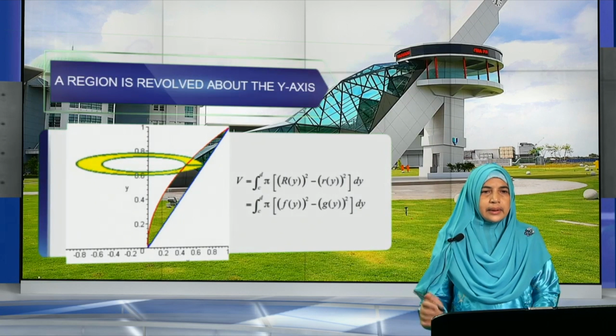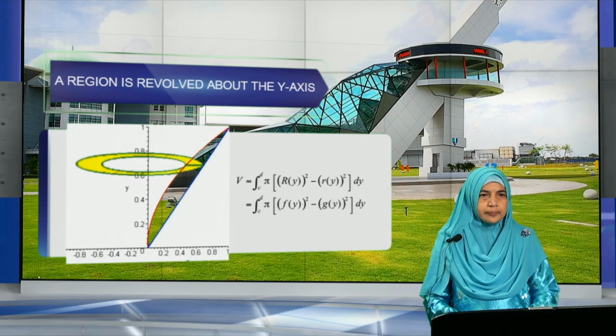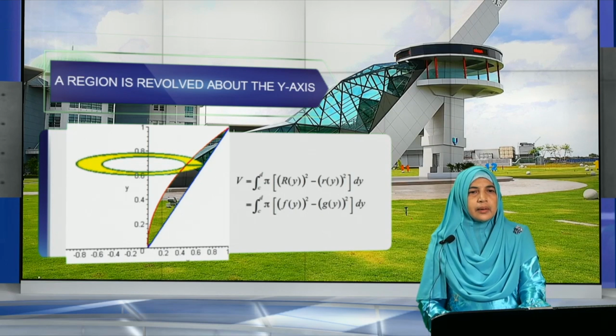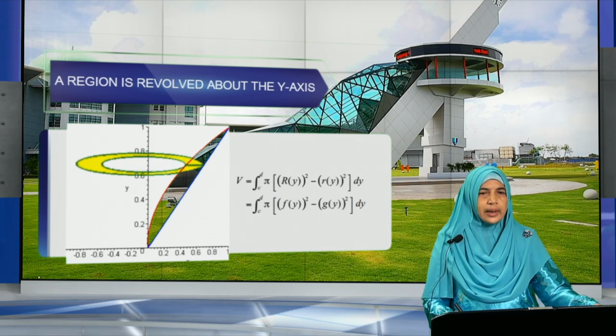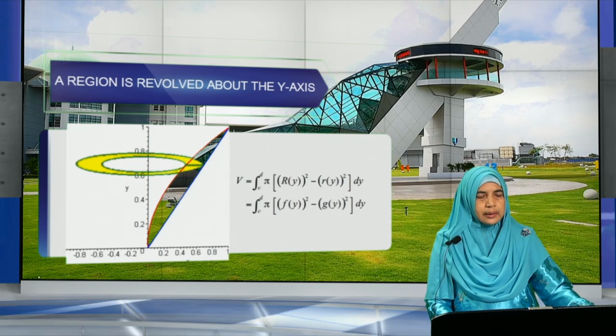Now let's look at another region, but now this region is revolved about the y-axis. Let's look at the green region here.